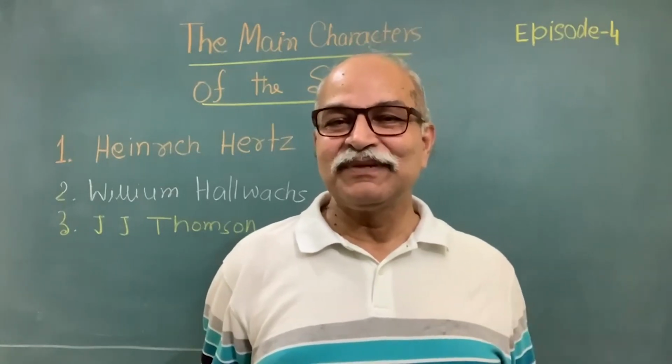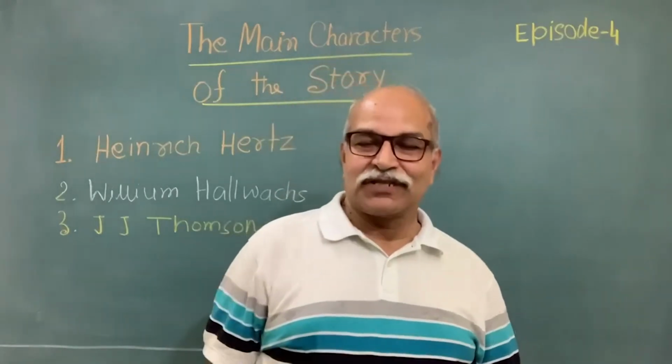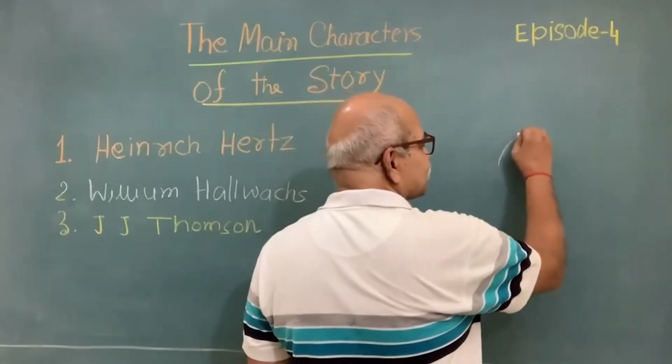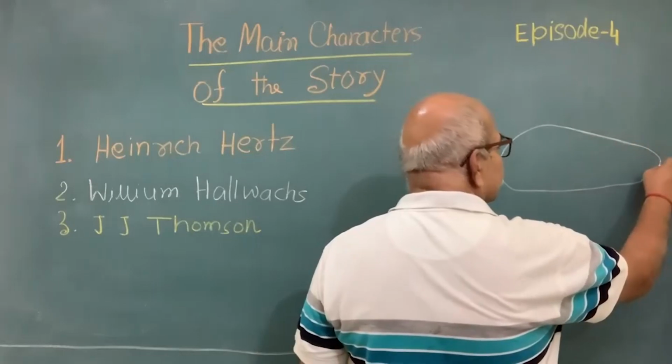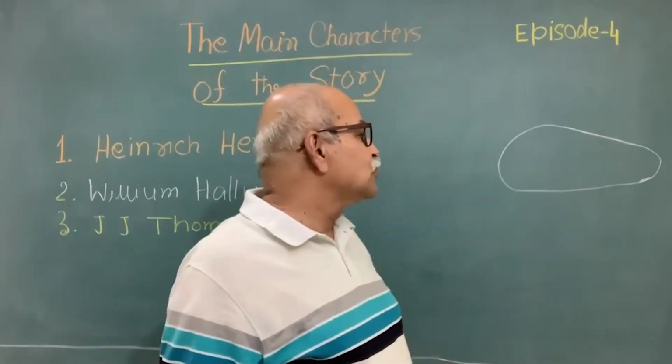So if I go a little bit into that history, it starts with, let us say, Crookes. Crookes was the person who used to make varieties of glass chambers, known as Crookes tubes.